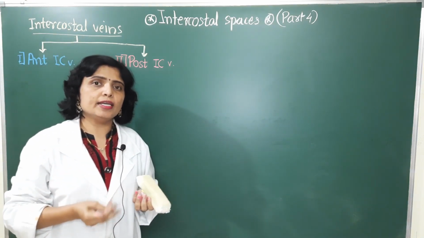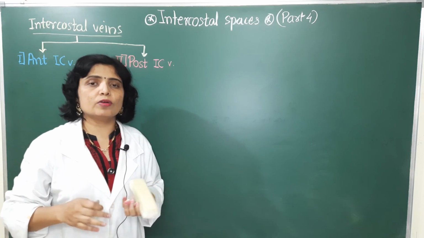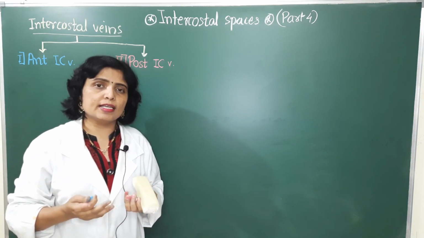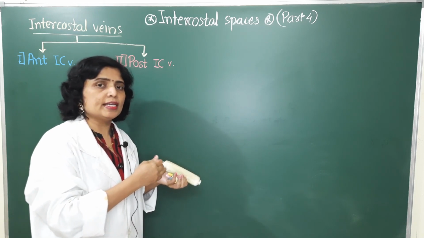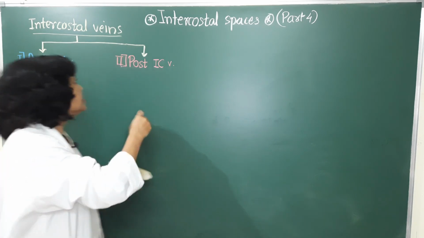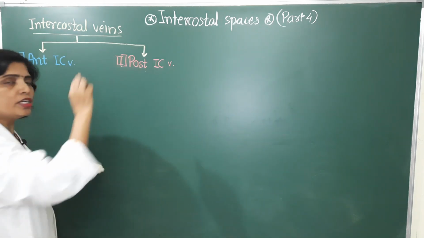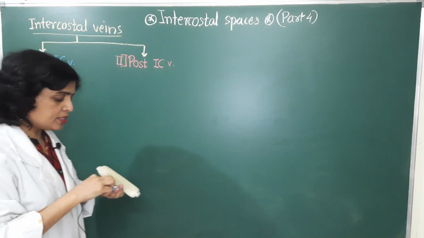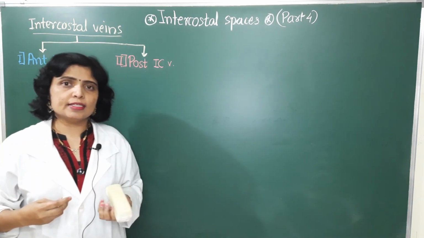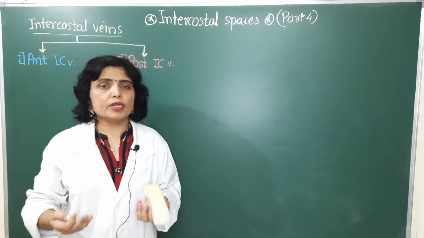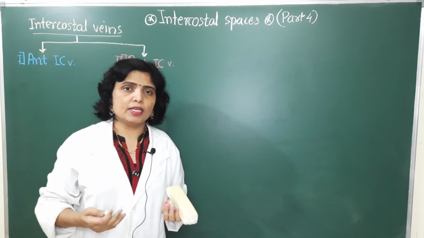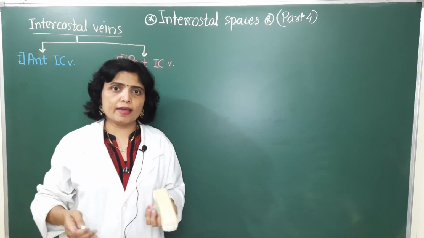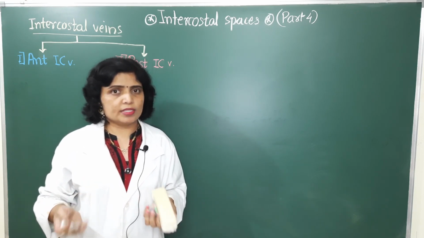We have seen already intercostal spaces contain intercostal muscles, intercostal vessels and intercostal nerves. Now the last two spaces are open anteriorly because the 11th and 12th ribs are floating ribs or vertebral ribs, so they don't have the anterior intercostal vessels.